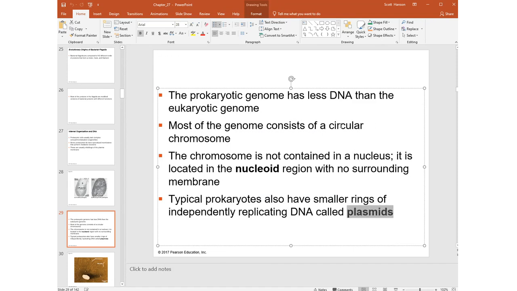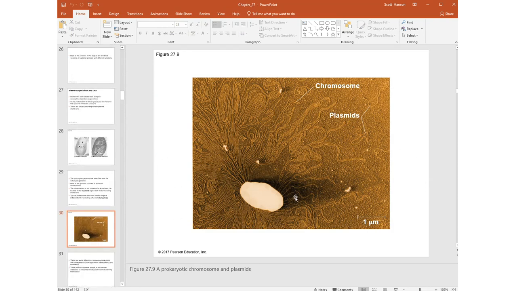So they've got one circular chromosome, but also smaller rings of DNA called plasmids, outside of and completely separate from the chromosome of the cell. Here you can see parts of the chromosome, and then plasmids. Here's a plasmid, a small ring. Here's another small ring that's a plasmid also.